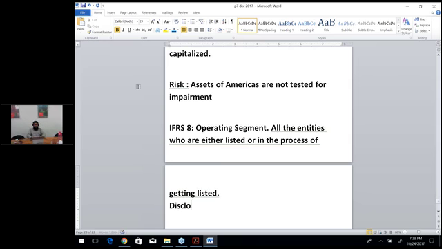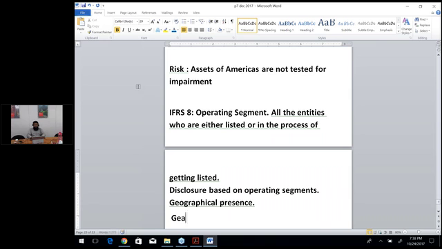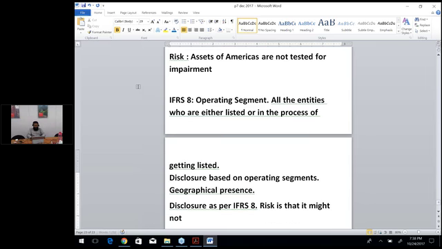So they have to give a disclosure based on operating segments. And here it could be seen that they've got a geographical presence. So they should give a disclosure as per IFRS 8. And the risk is that it might not have been done.